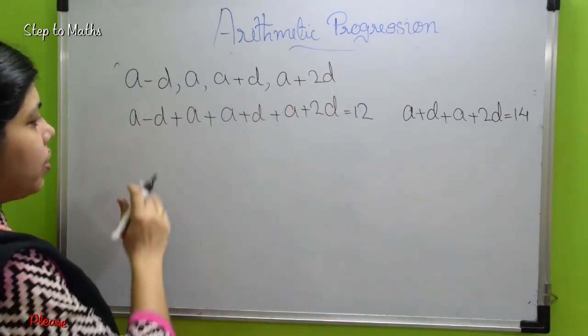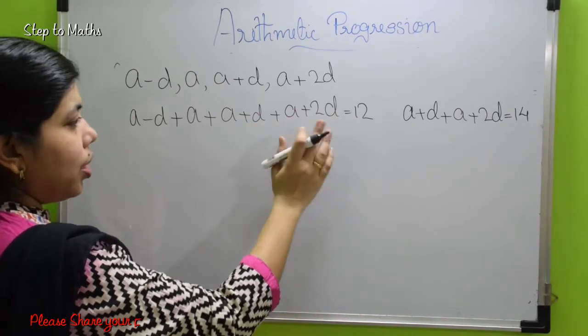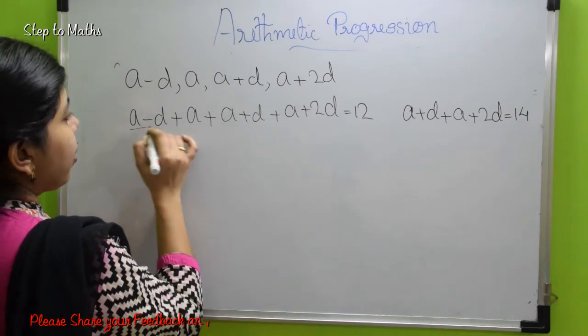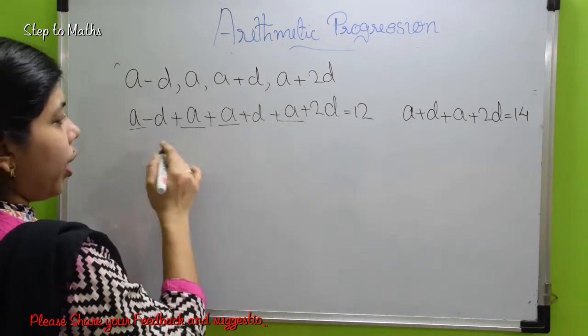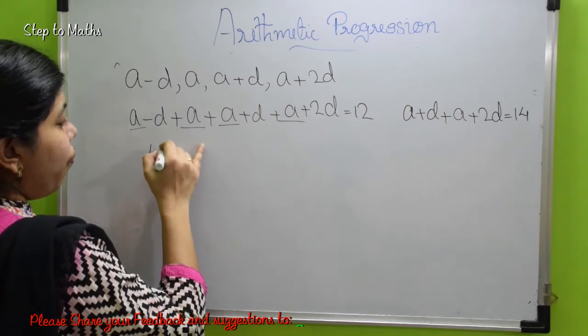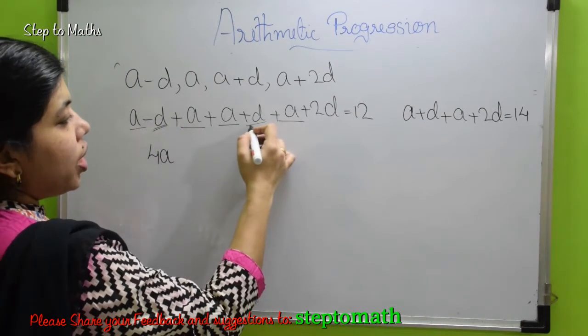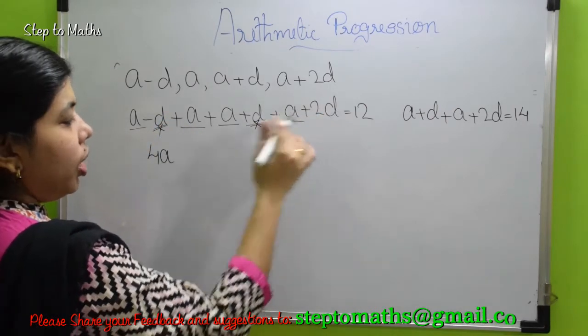First consider this part, A minus D plus A plus D plus A plus 2D. Simplify this left hand side. A plus A plus A plus A is 4A. The minus D and plus D get cancelled and the remaining is 2D.